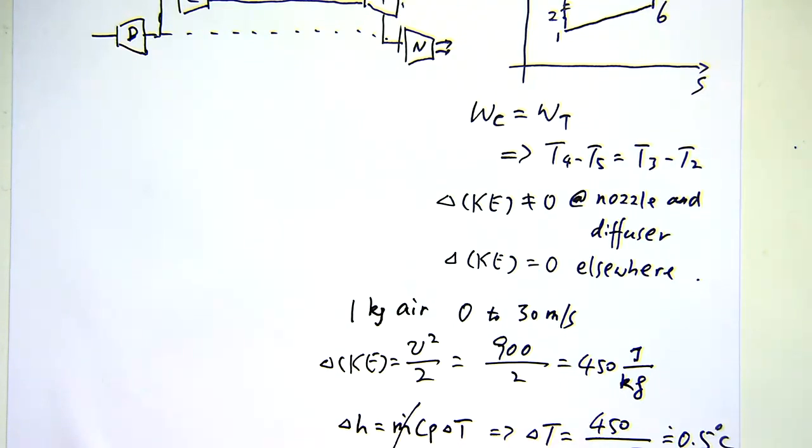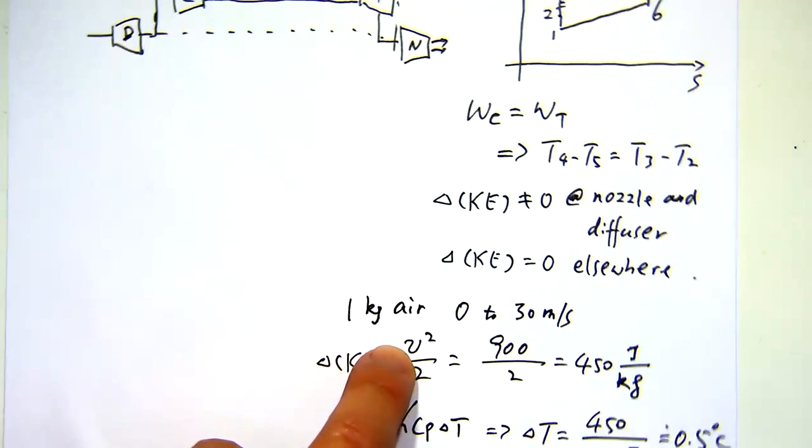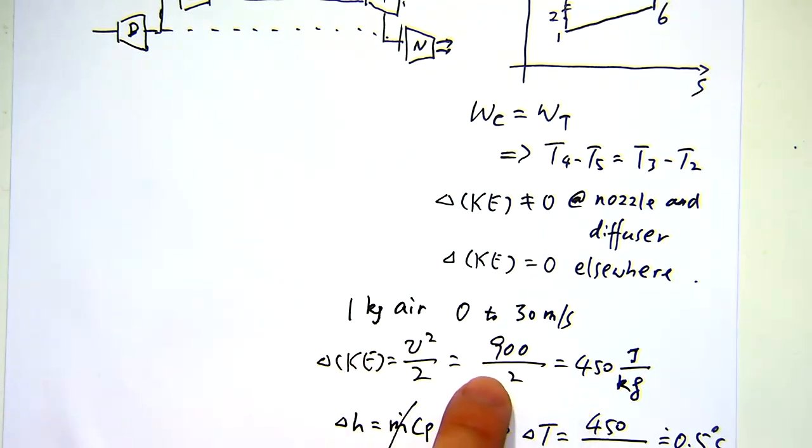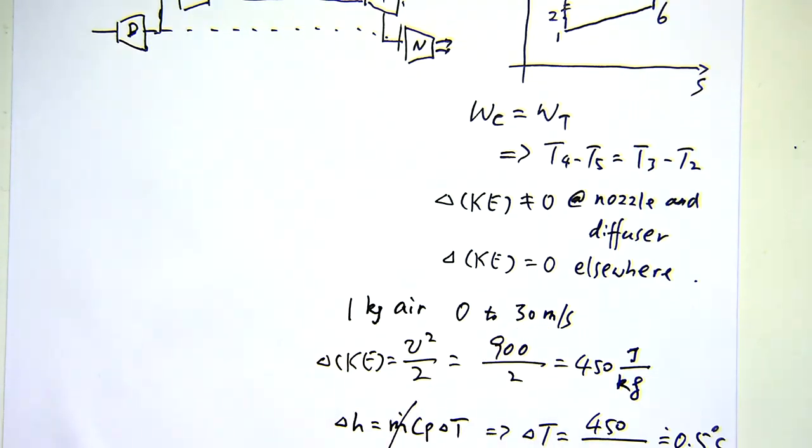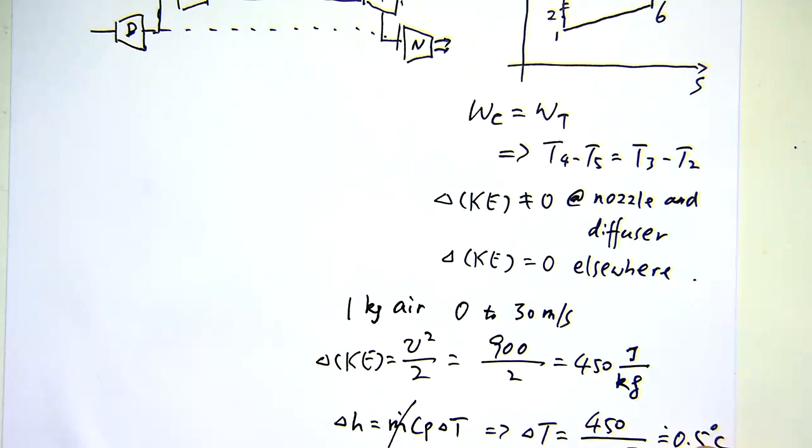But because this term scales with V squared, if you have 10 times the velocity, for example 300 meters per second, then this will be 100 times larger. So it's a 50 degrees Celsius difference. At that condition, you want to consider the kinetic energy change and the temperature change it causes.